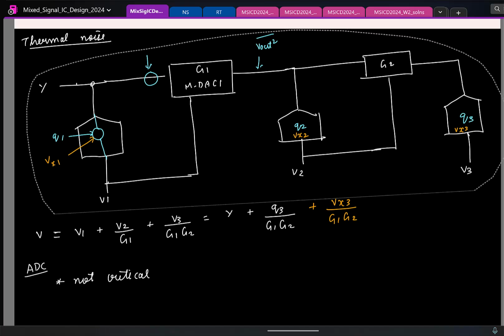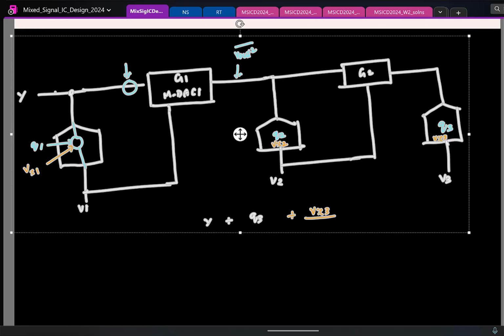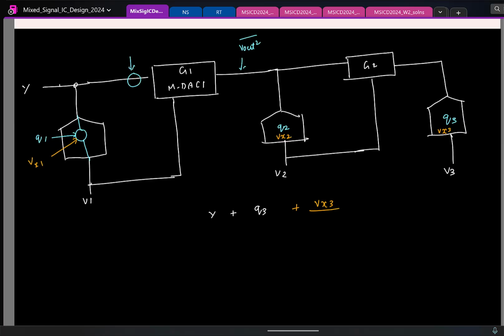If that is clear, let's now quickly calculate. Now I'm looking at the noise from the MDAC. So I can model the noise from the first MDAC as some equivalent noise Vn1, and similarly from the second MDAC as some other noise Vn2.